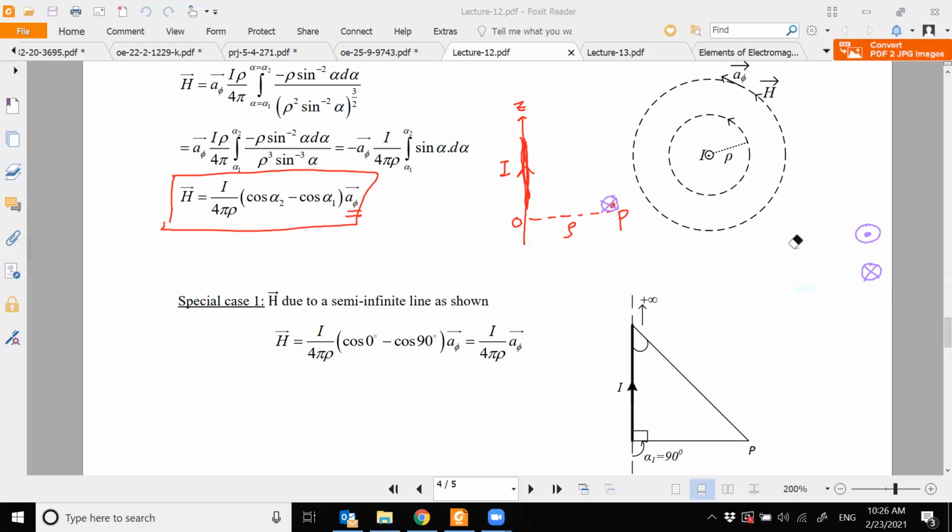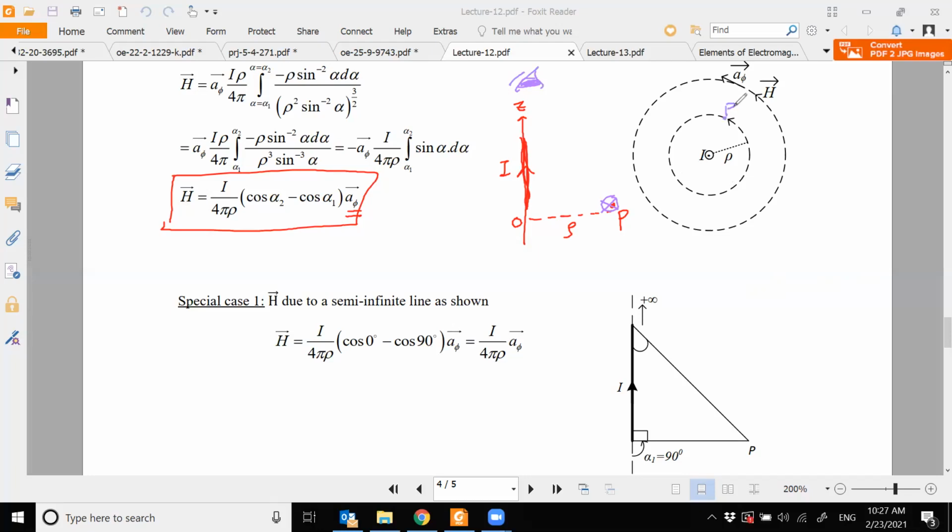Here, the magnetic field a phi is going inside. Now, if you want to visualize this, put your eye here and see. This will be my current, and since there is a dot there, it means the current direction is outside the screen. So your magnetic field will be moving in this direction.